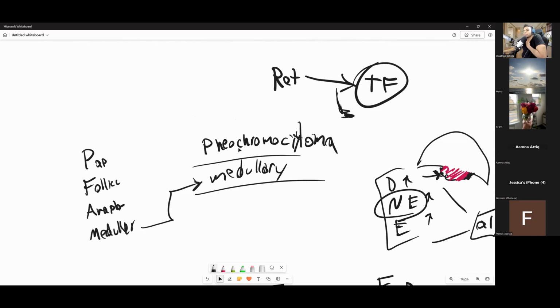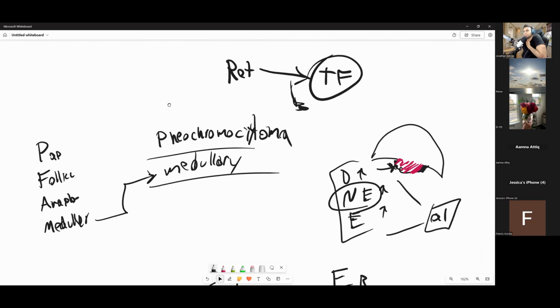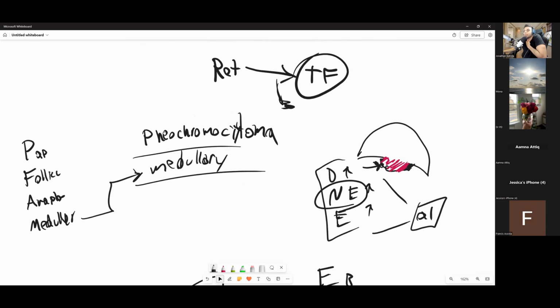Remember that patients will come in with episodic issues. They'll tell you that they have episodic increases in blood pressure, going as high as 200 even. Hypertension, headache, and increase in catecholamines. In the urine as well, you should have metabolites of the catecholamines present.